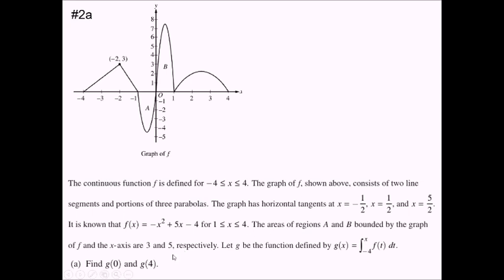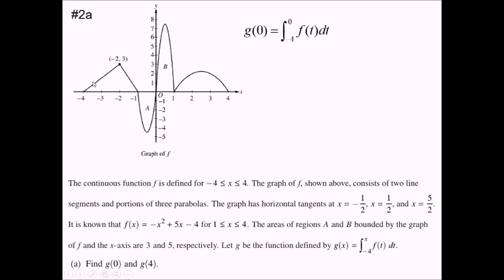So for the first part, they actually want to know g of 0 and g of 4. So we're going to use this g function right off the bat. For g of 0, we've got the integral from -4 to 0 of f of t dt. So I'm just finding the area under the curve of f between -4 and 0. So we've got this triangle area and this area A that we're going to have to add up. Let's start with the triangle.